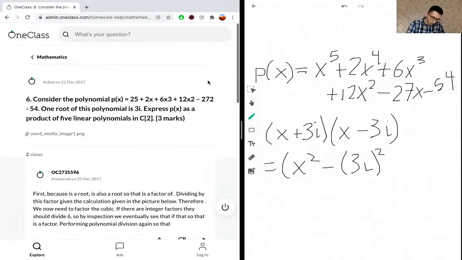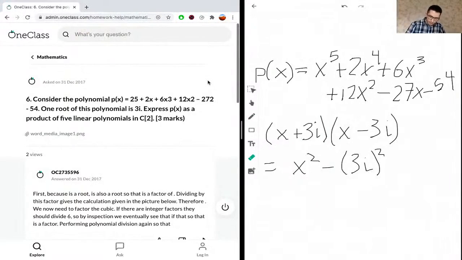So we don't need this bracket. The difference of squares is just the standard formula. Any value a squared minus b squared will give us a plus b times a minus b. In this scenario, a is x and b is 3i. So once again, a squared minus b squared always equals a plus b times a minus b. That's the standard formula for difference of squares.